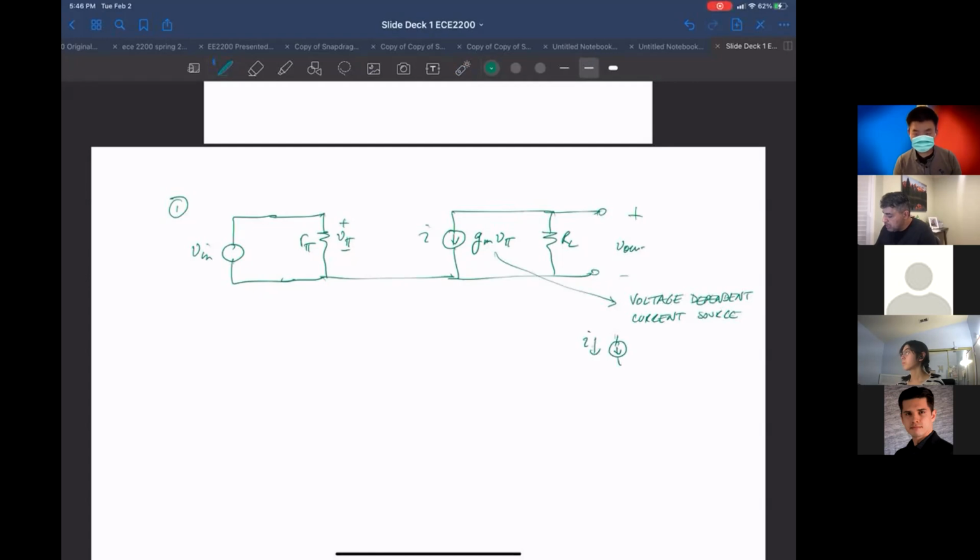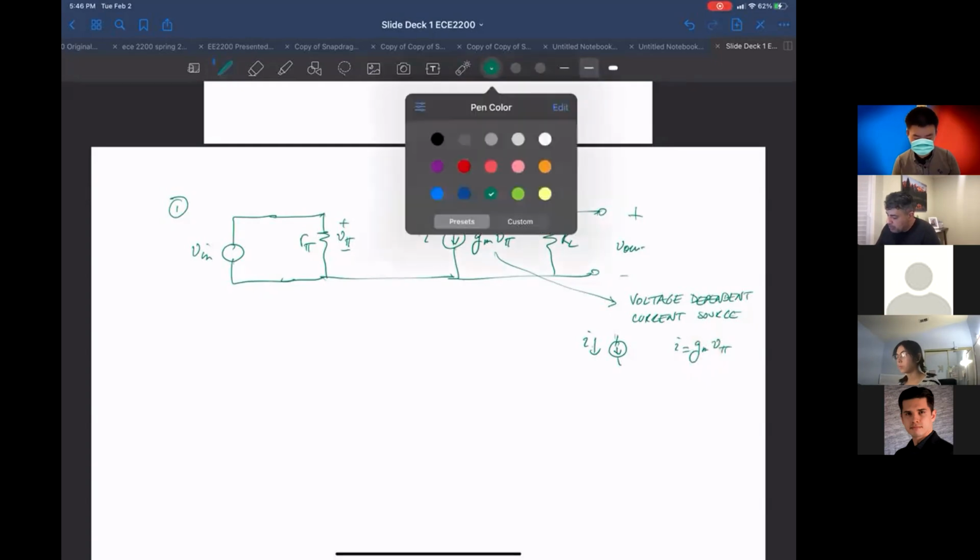In this particular current source, the current is a function of another voltage. And this G sub M, which you'll become painfully familiar with later, is the proportionality constant, I guess the way you look at it. Okay, so that's the background for this circuit.